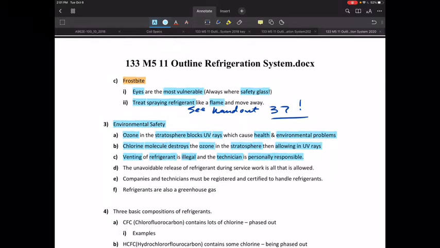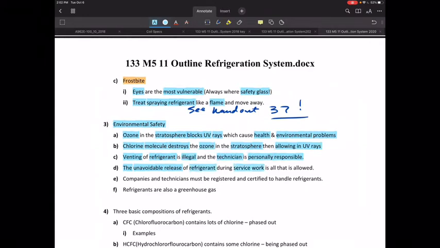So what if you do have an unintentional release? What happens if, say, I was working on the system and the line broke? Well, they call that an unavoidable release. If you had no say in it and it wasn't something you intentionally did, they don't really create a problem with that.